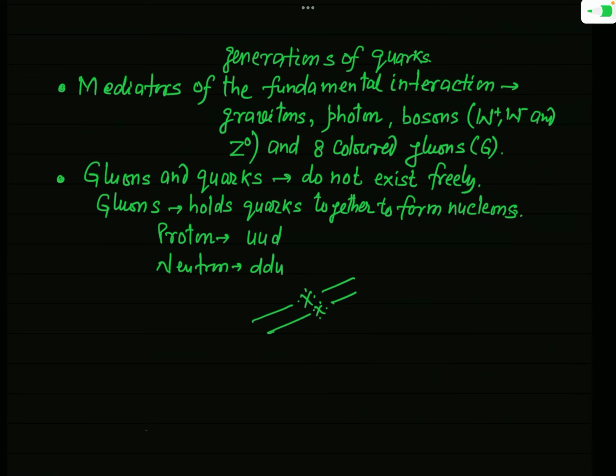In fact, according to quantum field theory, the forces between the fundamental constituents of matter arise due to the exchange of gauge bosons. And so you can say that the gauge bosons are the mediating particles, or the exchange particles, due to which the forces between different parts of the matter arise.